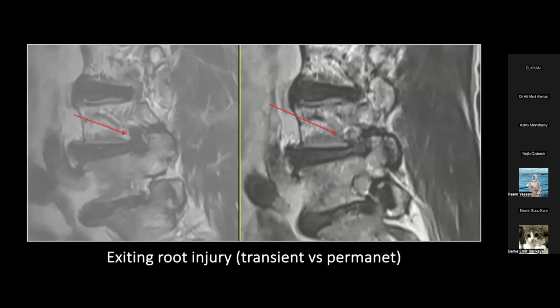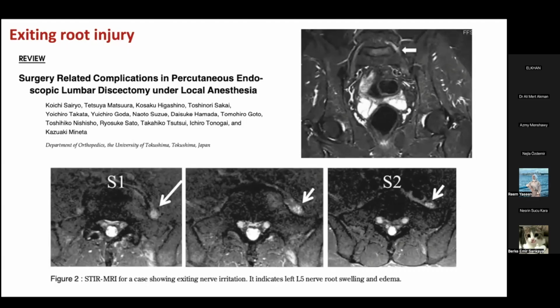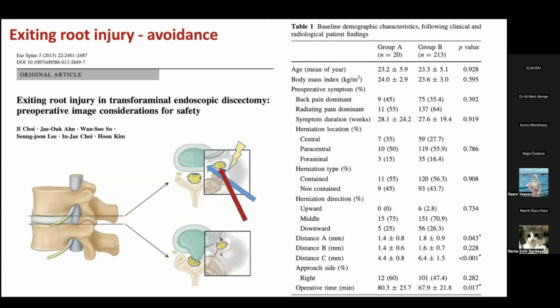If you do a transforaminal procedure, exiting root injury is one of the most unique complications that can happen in an endoscopic procedure. It is well documented and well reported that in certain cases after transforaminal procedure, you can have an exiting root injury.